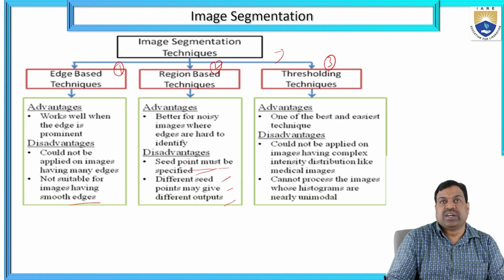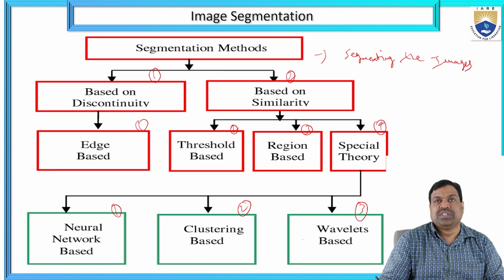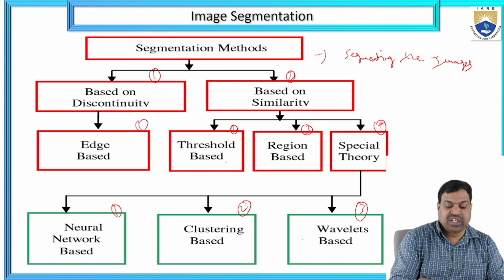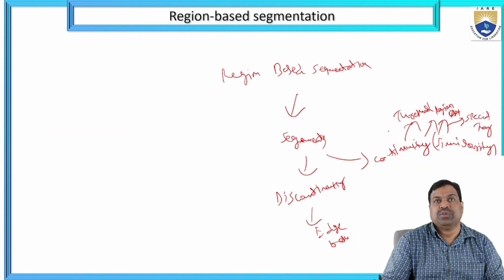Image segmentation techniques are of three types: edge-based technique, region-based technique, and threshold technique. Majorly, segmentation techniques are based on discontinuity or on similarity. Based on discontinuity: edge-based technique and thresholding. Based on similarity: thresholding, region-based, and spatial theory. In spatial theory: neural network, clustering-based, and wavelet-based.